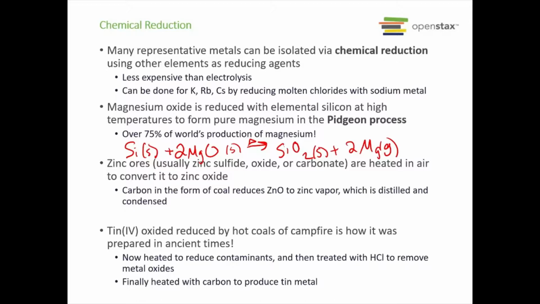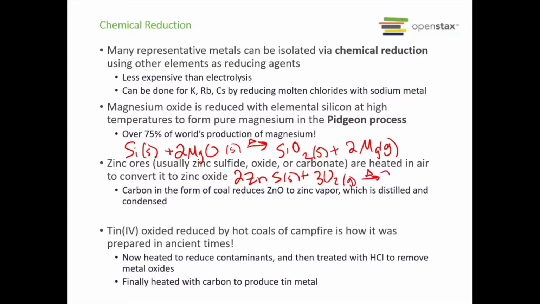So we get zinc by taking zinc ores, usually zinc sulfide, zinc oxide, or zinc carbonate, and heat it in air, and that converts it to zinc oxide. And then we add some carbon in the form of coal to it to reduce the zinc oxide to zinc vapor, which we can then distill and condense. So we take in our ore, for instance, zinc sulfide, and we heat it in air, and it's the oxygen in air that's doing the work.